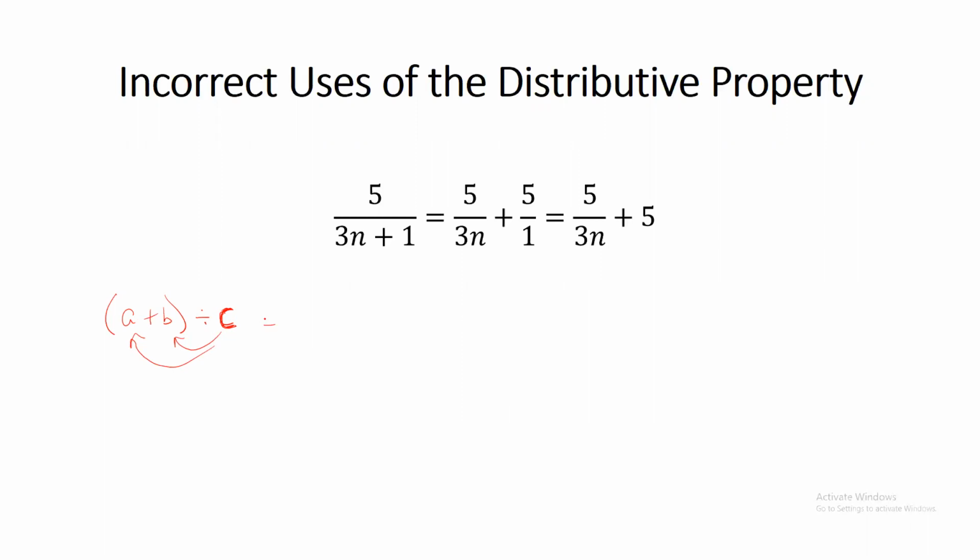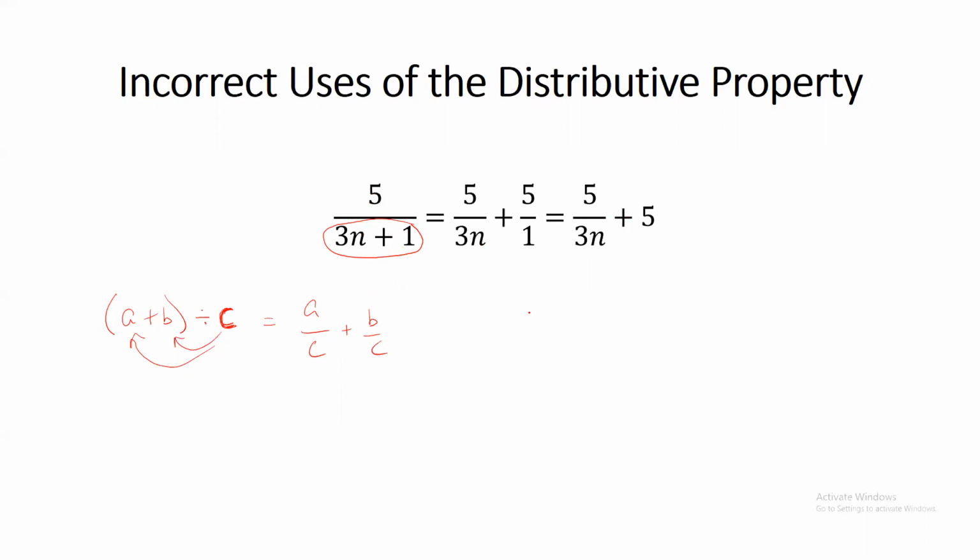So we have, in a sense, A divided by C plus B divided by C. Here, we didn't take the number we're dividing by, which is 3n plus 1, and distribute it into a bunch of things that we are adding, right? Here, we're not dividing a sum by a number, we're dividing a number by a sum. And so this use of the distributive property is not allowed.